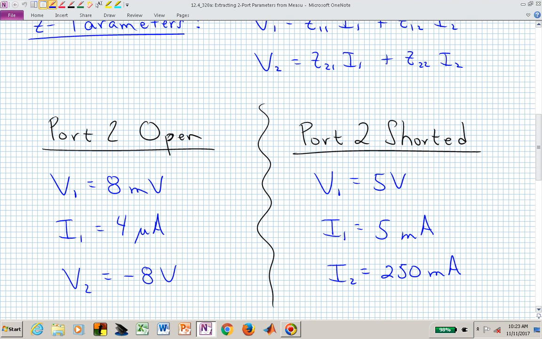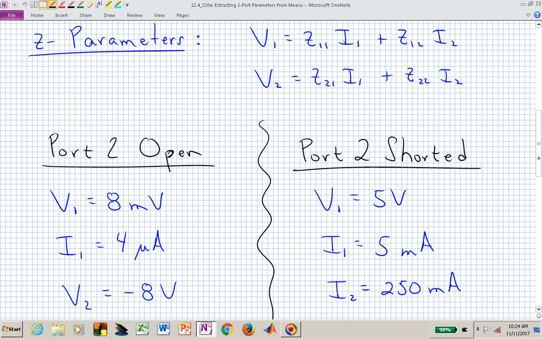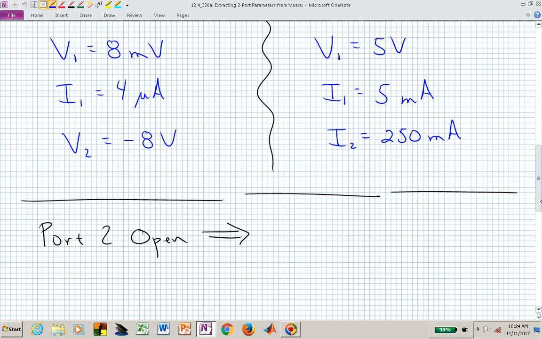With those 2 sets of data, let's try to identify these 4 parameters that might result from a circuit that has 50 different parameters or elements in it. We can consolidate or aggregate those into these 4 parameters, the Z's, in the Z parameter formulation.